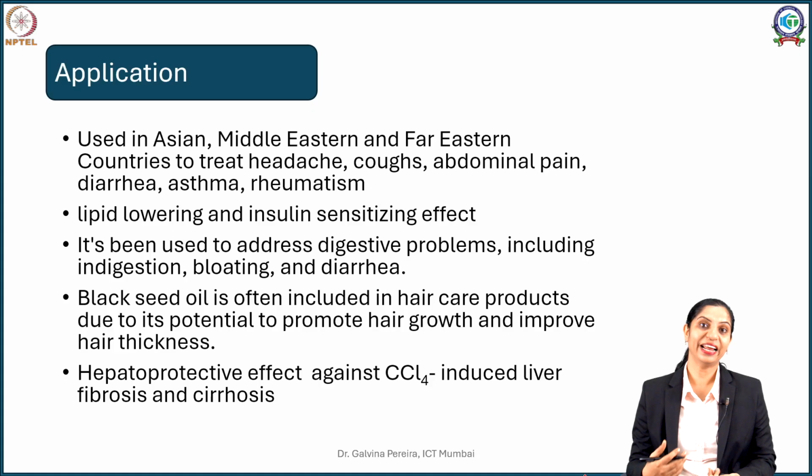On the other side, the external application increases hair growth and enhances the hair care properties, especially the hair thickness. This too has caused an increased market demand of this seed.